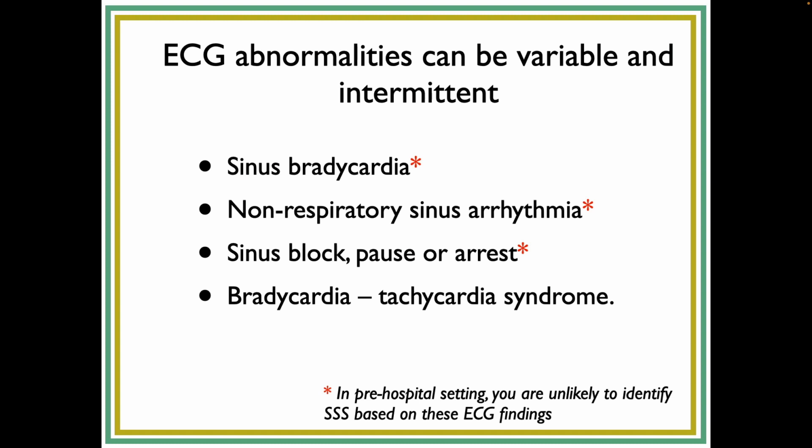All of these things can be caused by the underlying problem of sick sinus syndrome. In that particular case, you will have no idea if you see sinus brady that it's sick sinus syndrome. By the way, what does syndrome mean? A collection of symptoms.